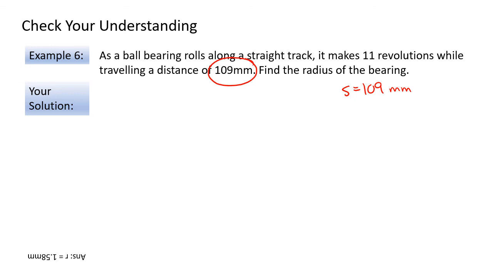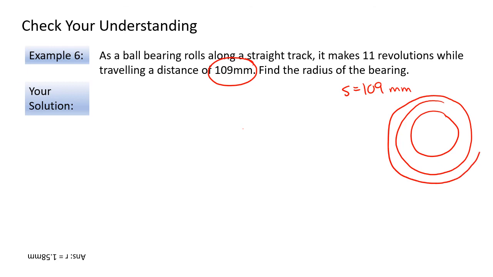What we know is it made 11 revolutions. One thing to keep in mind is that it has made 11 full revolutions around this circle, because as it's rolling on this straight track, it's rolling and rolling. So we can figure out how many revolutions that is in terms of radians.